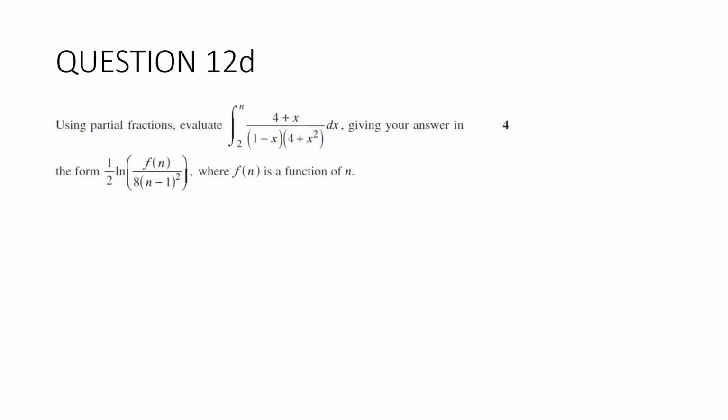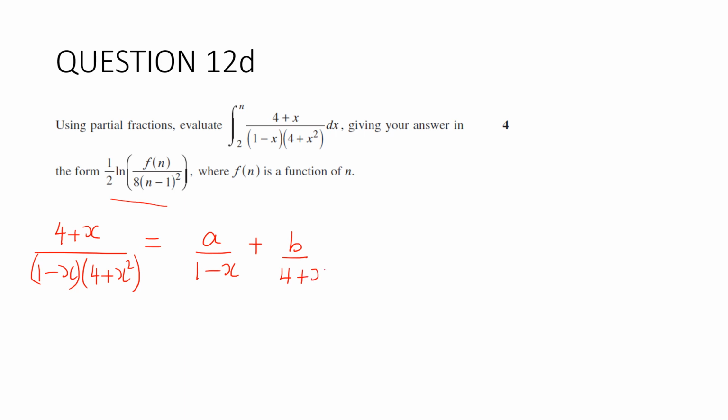12D, using partial fractions, evaluate this integral, giving your answer in this form where f of n is a function of n. All right, let's start with 4 plus x. We're going to let this over x, 1 minus x in brackets 4 plus x squared, equal a over 1 minus x plus b over 4 plus x squared plus, we should consider that we might have cx over 4 plus x squared as well.